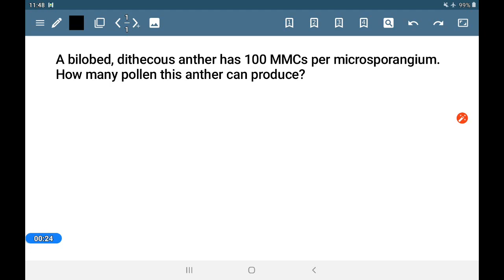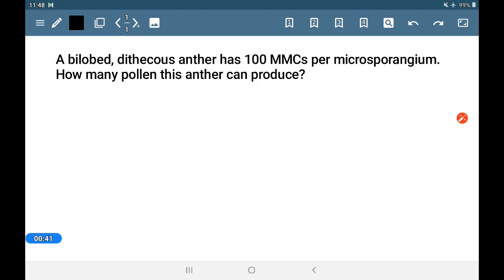A bilobed dithecous anther has 100 MMCs, microspore mother cells, per microsporangium. How many pollen can this anther produce?